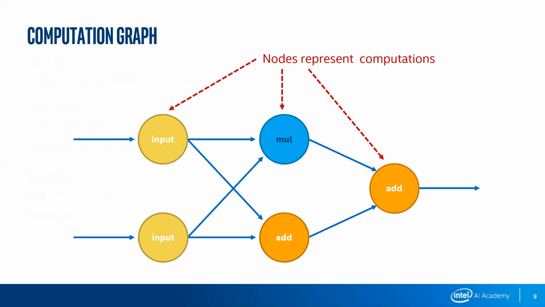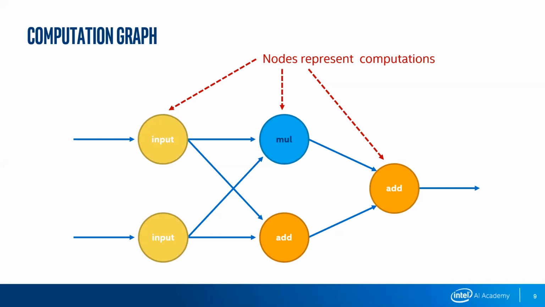So let's take a look at this particular graph. This is a pictorial representation of what I just talked about. These circles are nodes, so they define computation. In one of the blue ones I do a multiplication, the orange ones are where I do an add, and the yellow ones are the ones that I ask for input.